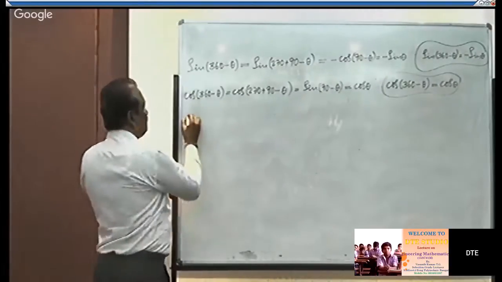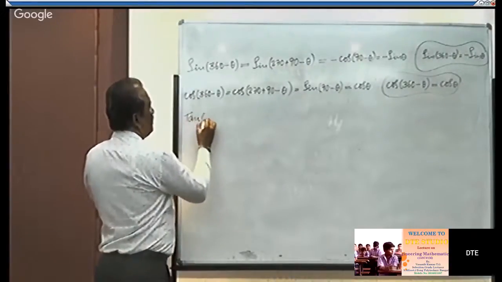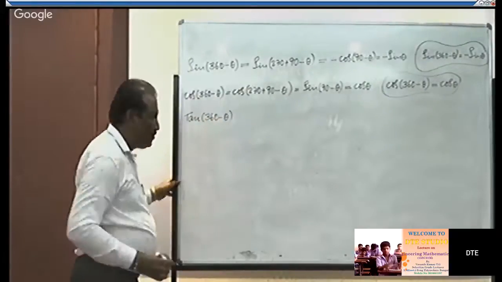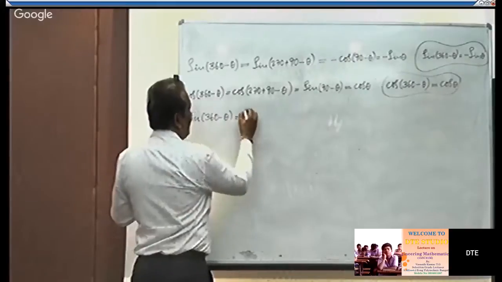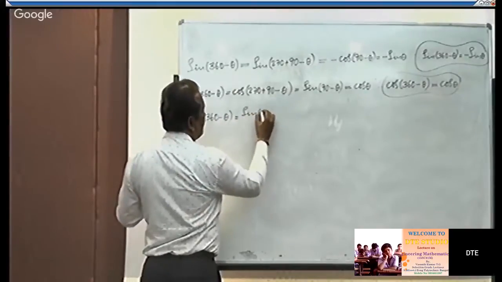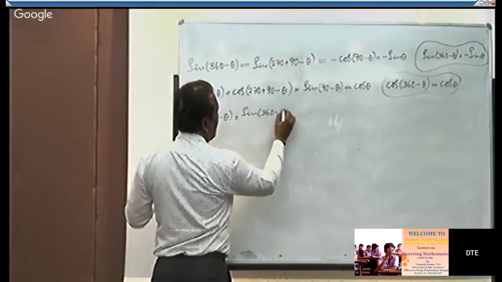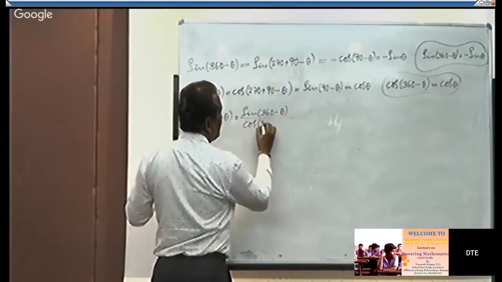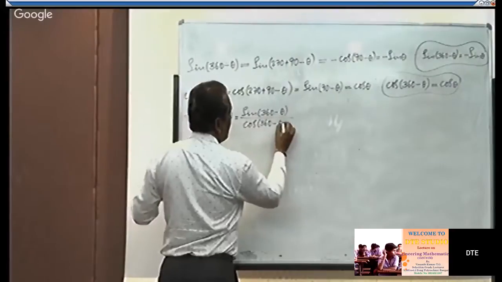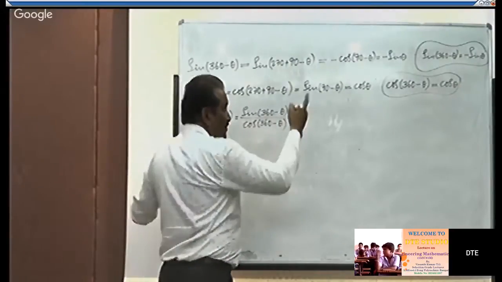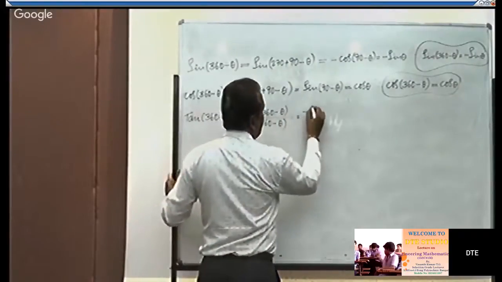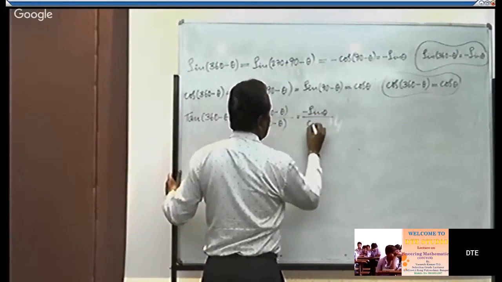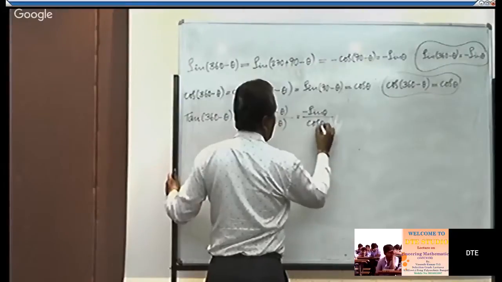Now, tan of 360 minus theta, one can write it as sine of 360 minus theta divided by cos of 360 minus theta. We proved sine of 360 minus theta as minus sine theta and cos of 360 minus theta as cos theta.